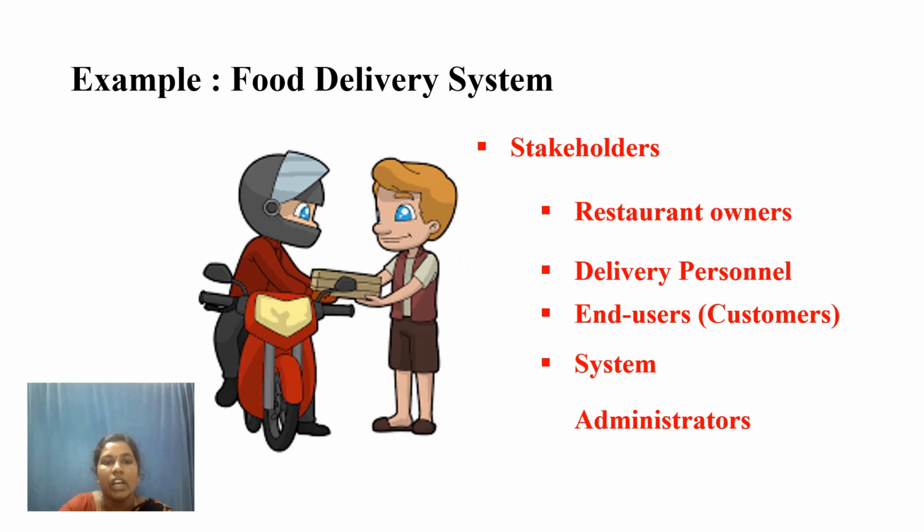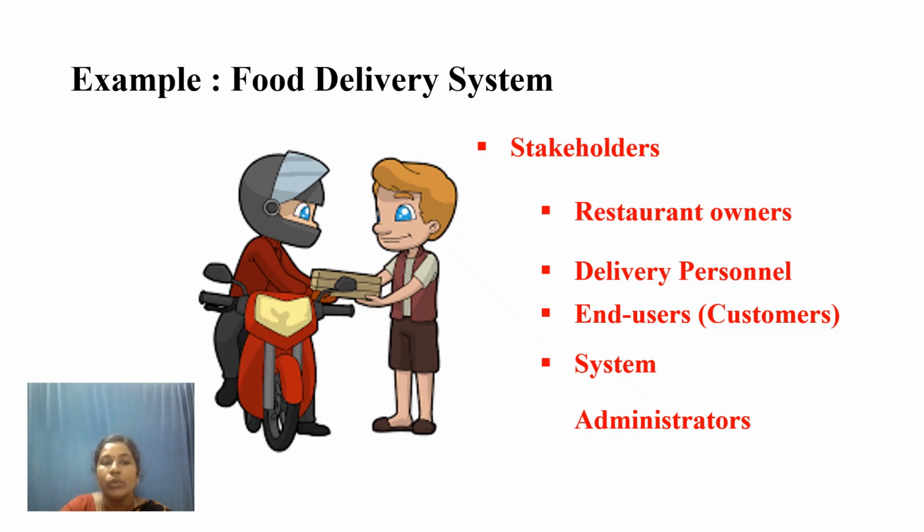Delivery personnel need real-time navigation to get to customers as quickly as possible. Customers always want things like order tracking, the ability to rate restaurants, and easy payment options. Administrators need to keep an eye on all orders, handle complaints, and monitor performance.